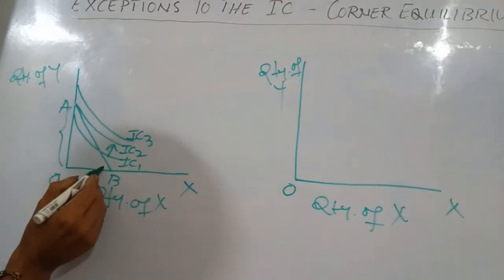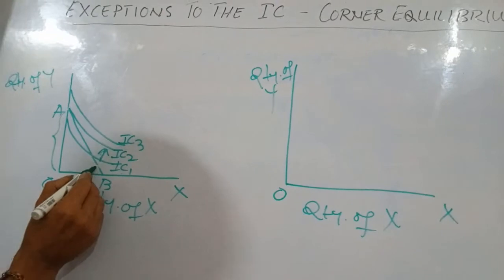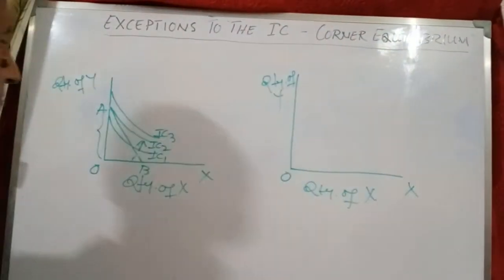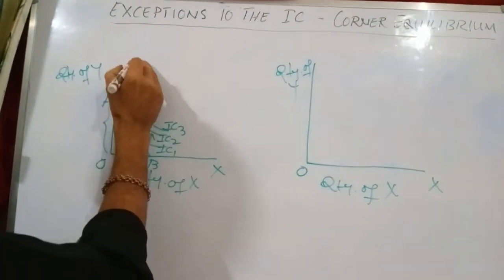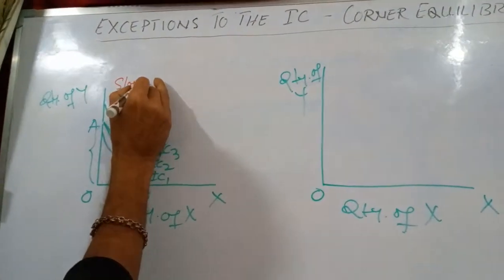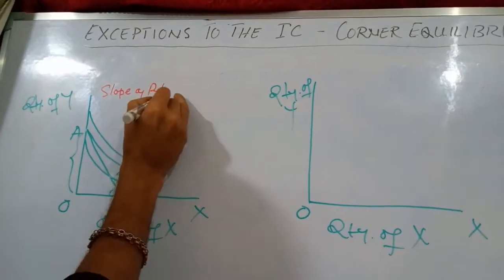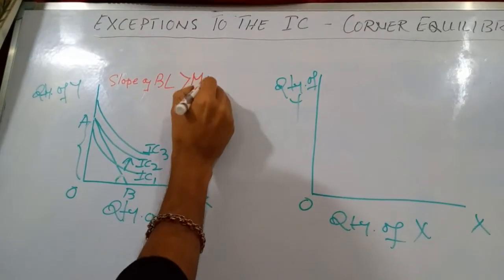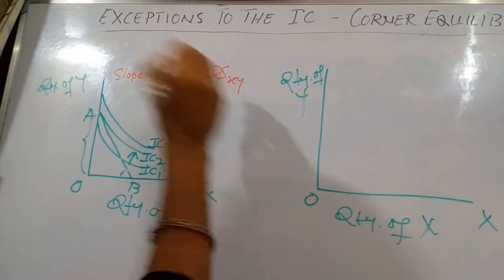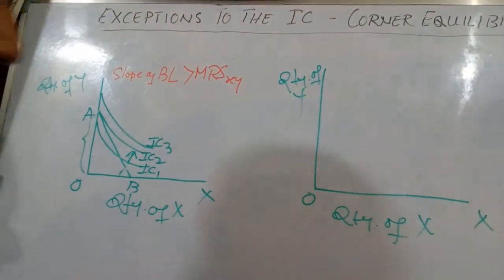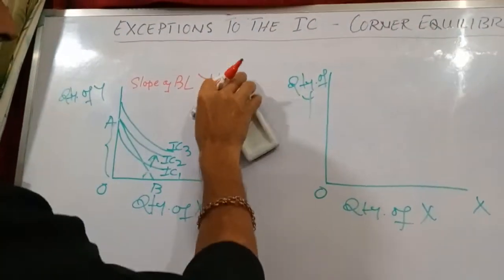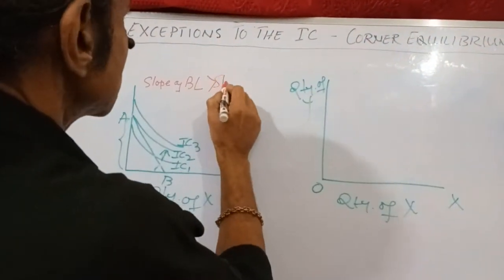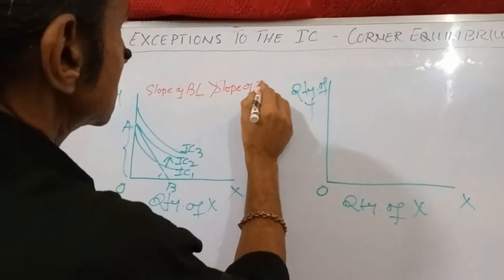Now look at the slopes of the budget line and the indifference curves. In this case, you see, the slope of budget line is greater than MRS XY. Let me write first: slope of IC.